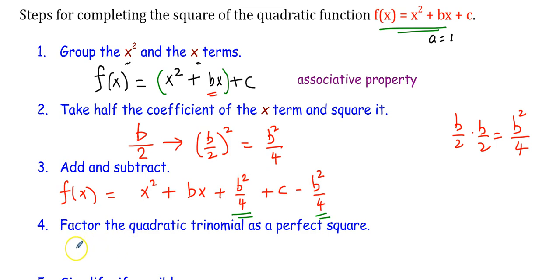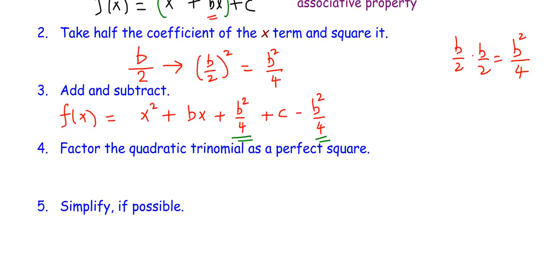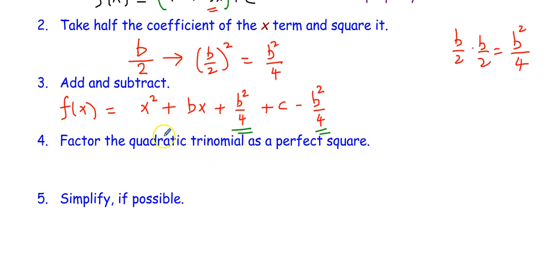Now step 4, factor the quadratic trinomial as a perfect square. This is where the first part of the video helps you. I'm looking at the first 3 terms: x squared plus bx plus b squared over 4.